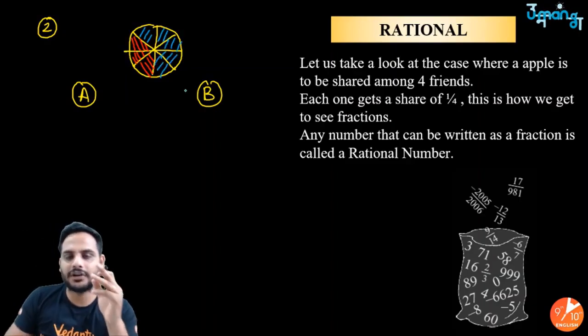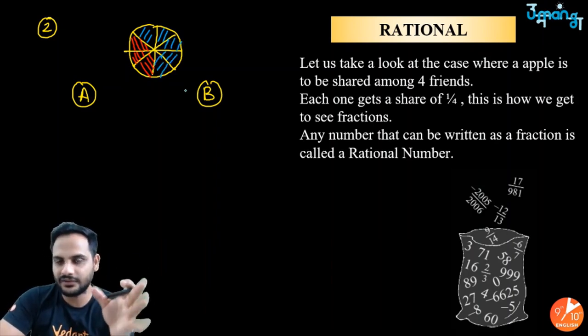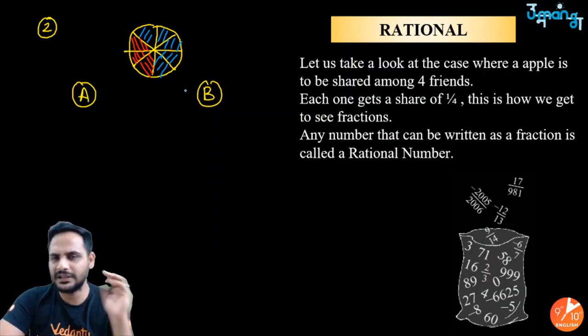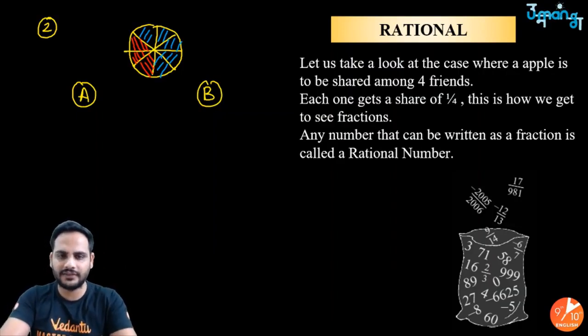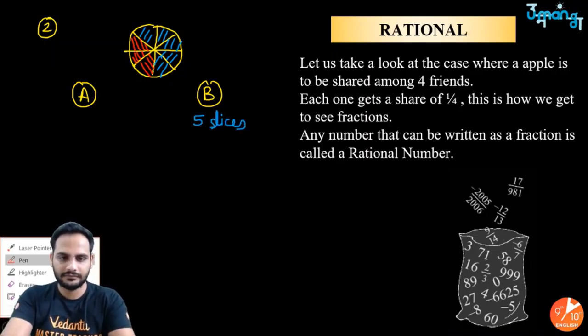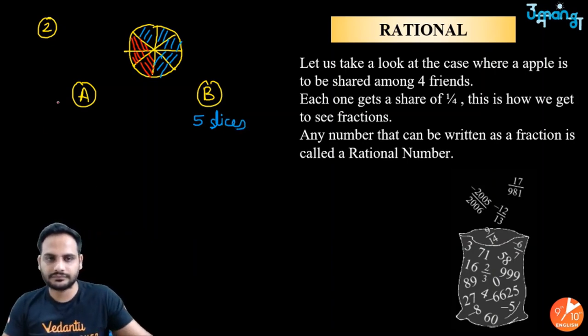So if I talk in terms of number of slices of the pizza, you can say very well, okay sir, A ate 3 slices, B ate 5 slices, right? Correct?